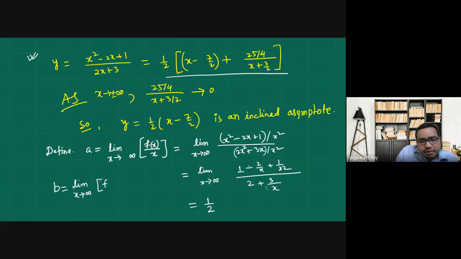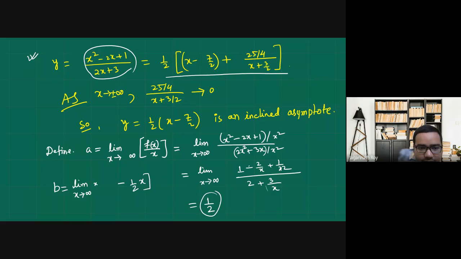In order to find this b, we have to define the limit as x tends to infinity of f(x) minus a times x. Here a is half, and f(x) is x square minus 2x plus 1 by 2x plus 3.